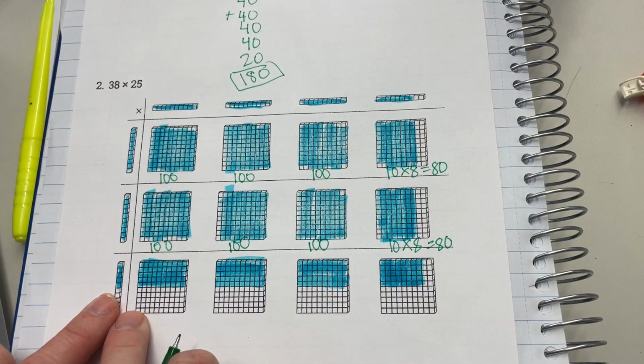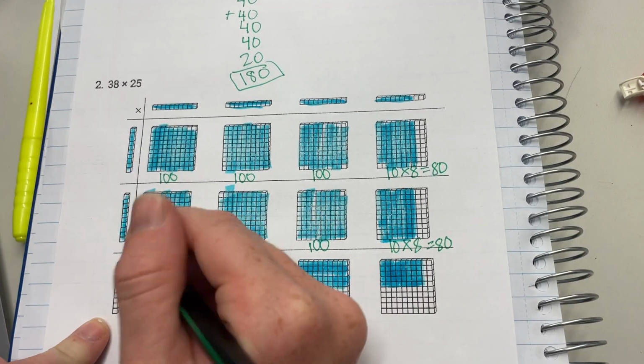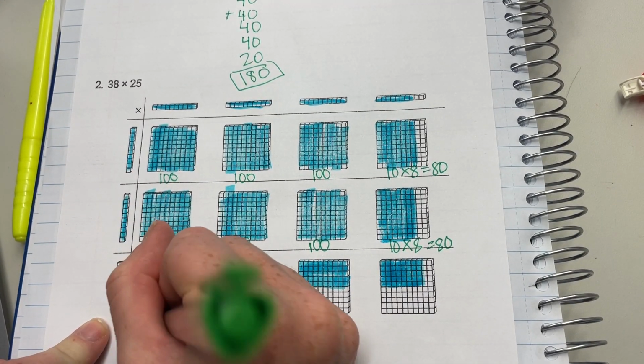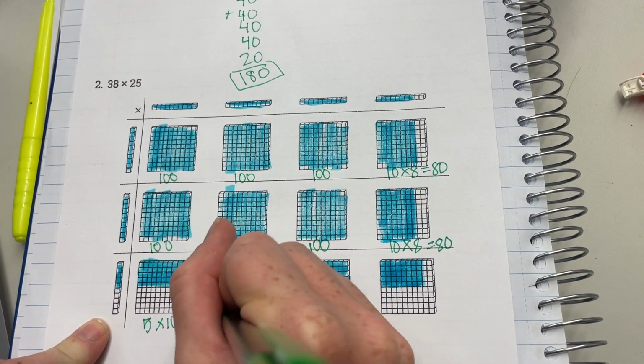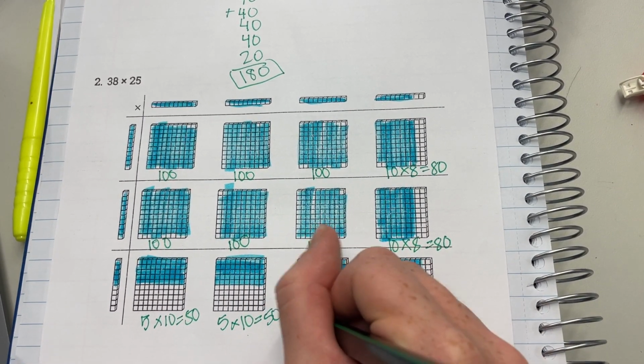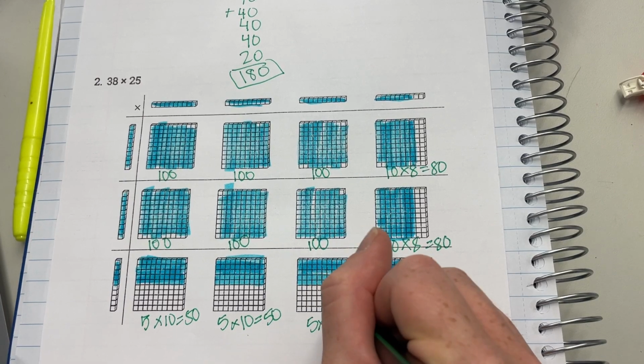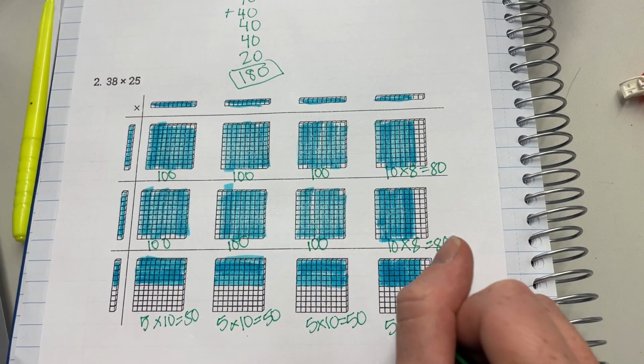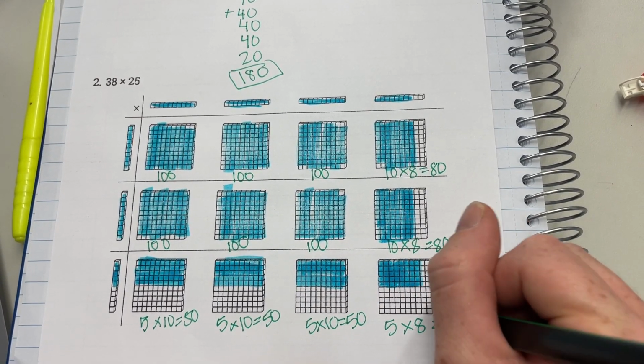And then this one is 5 times 10 is 50. 5 times 10 is 50. 5 times 10 is 50. And then 5 times 8 is 40.